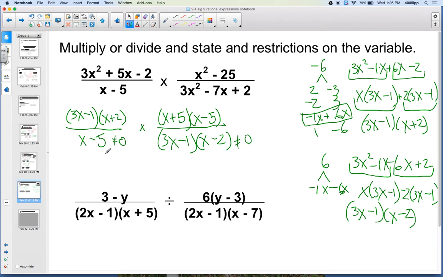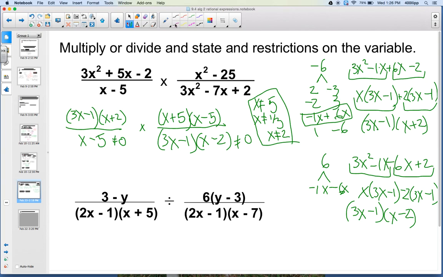So when we do that, we'll have x cannot be from this one, x cannot be 5. From this one, x cannot be 1/3. And from this one, x cannot be 2. And those are all your restrictions.